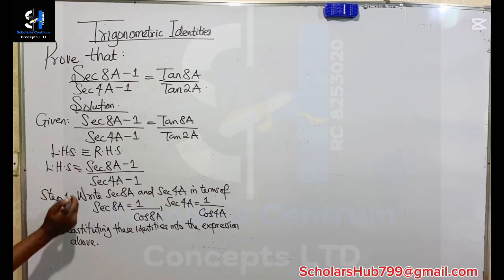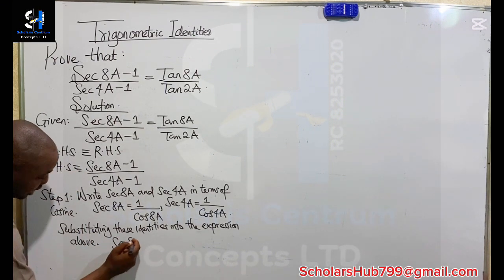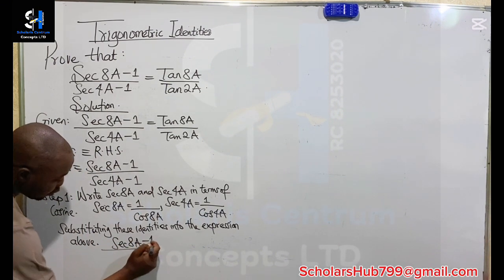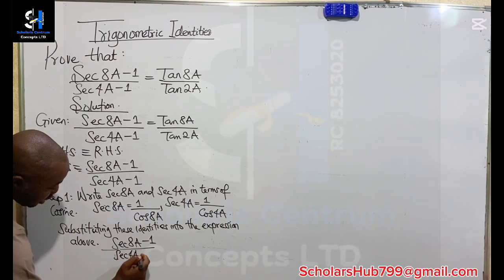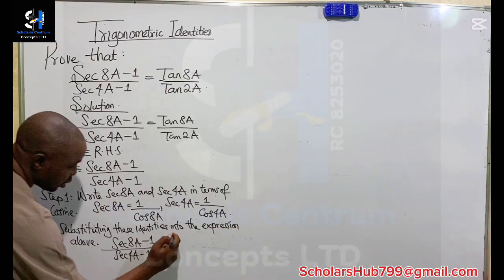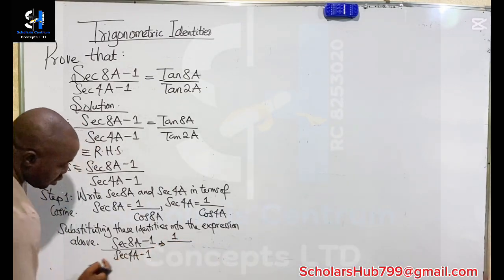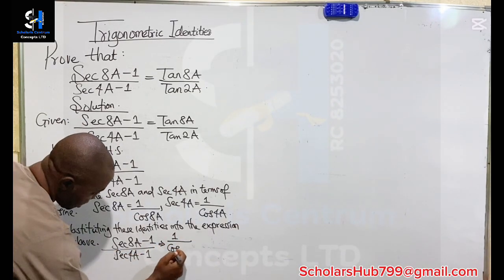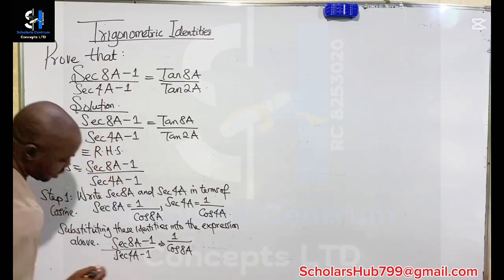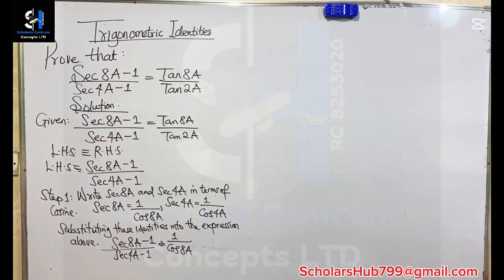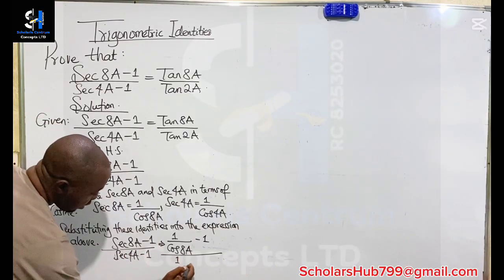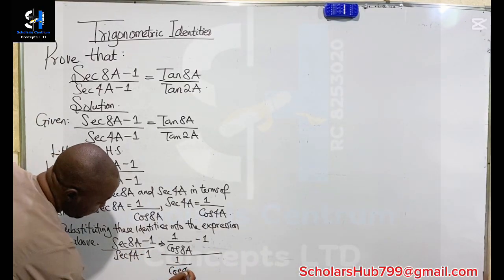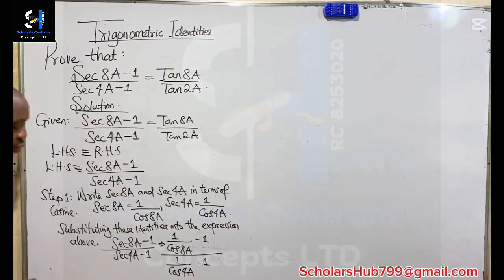So we know that (sec 8a minus 1) over (sec 4a minus 1) will now be equal to (1 over cos 8a minus 1) all over (1 over cos 4a minus 1).